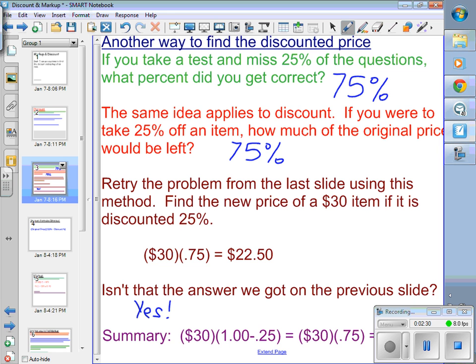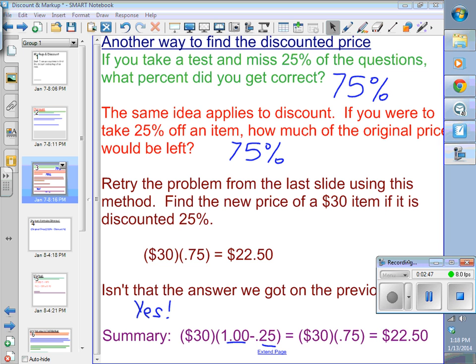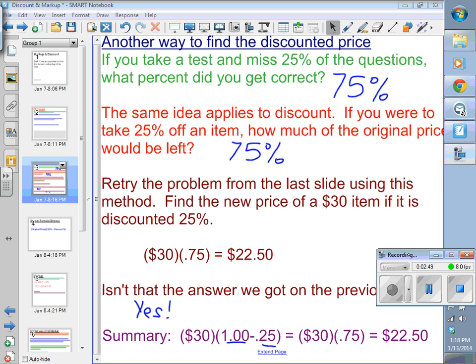So, in summary, $30 times 100%, minus 25%, gives us 30 times 75%, which gives us the $22.50.